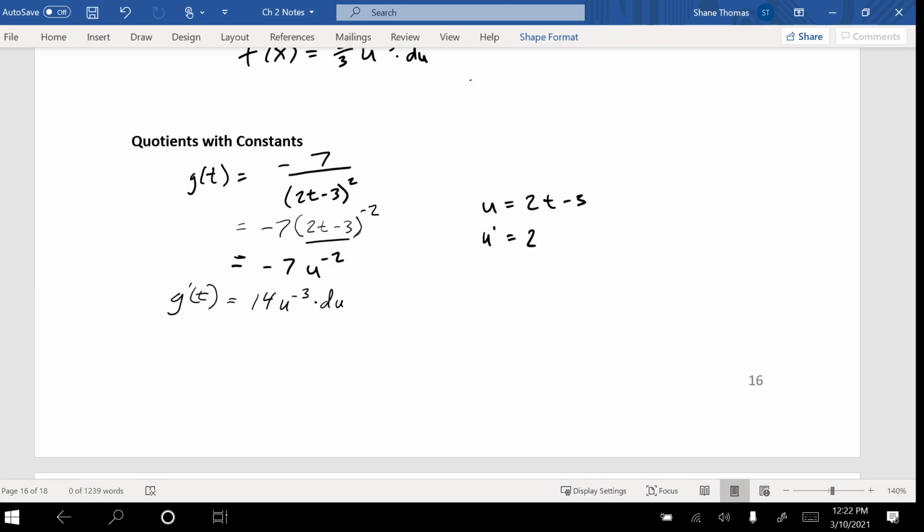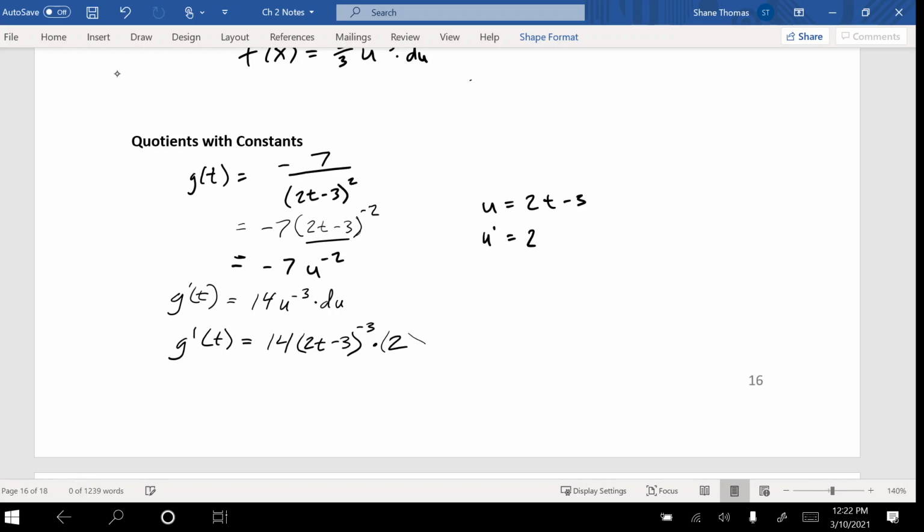All right. So let's bring it back in. Bring everything back together. Substitute the u's back in. So g prime of t is going to be 14 times u, which is 2t minus 3 to the -3rd power, times du, which is 2.